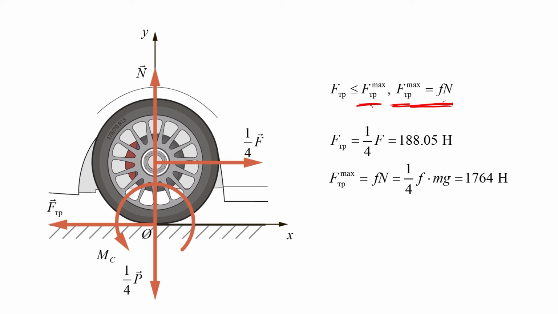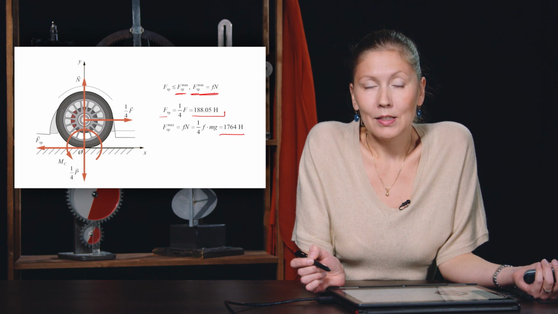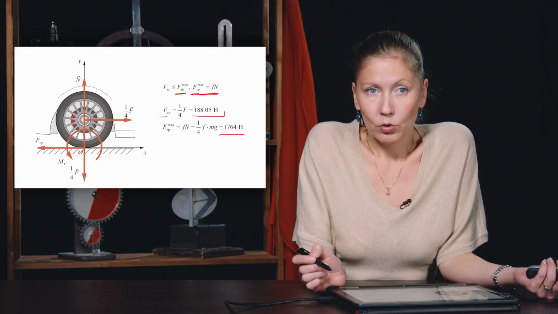Under the given conditions, the friction force is going to be 188.05 N, and the maximal friction force with the given sliding friction coefficient will be 1,764 N. It means that the friction force has not reached the maximal value. In other words, rolling is going to be without frictional sliding observed.